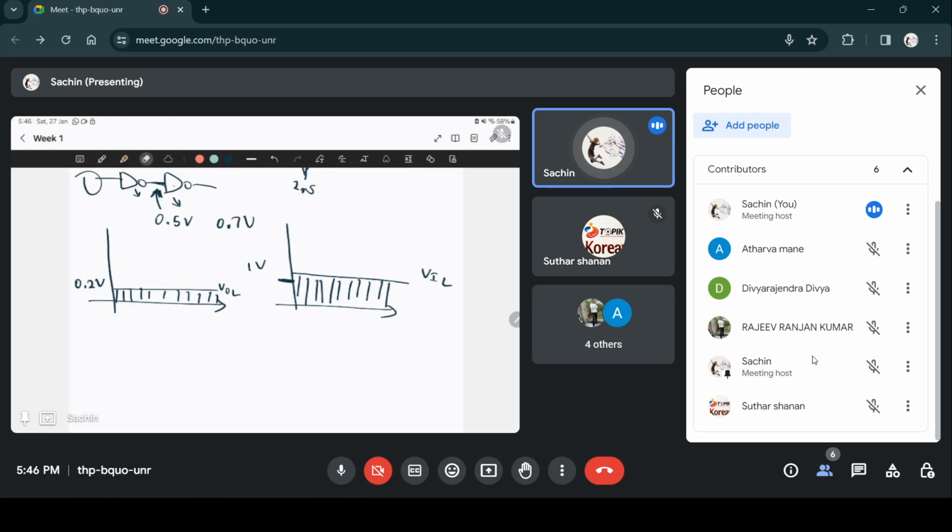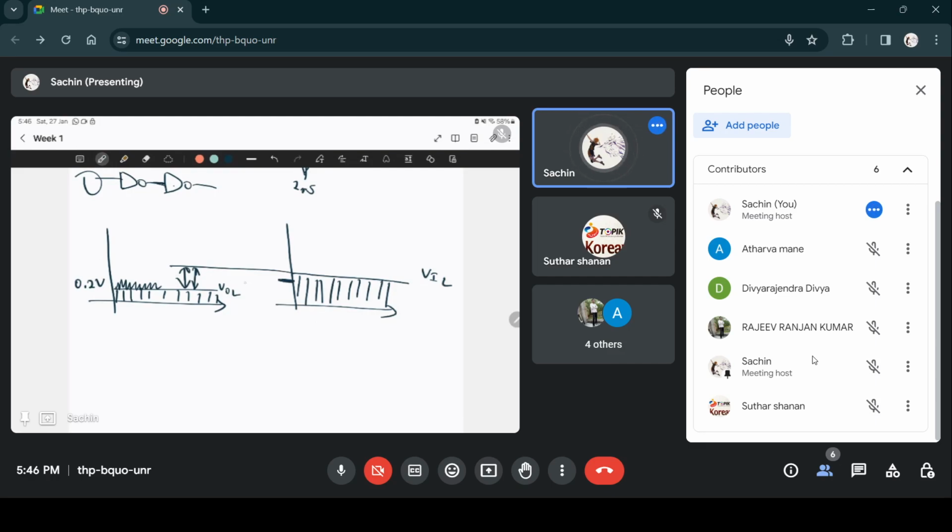So this gives you kind of a margin of error, where instead of giving 0.2 volts as the output, if some noise gets added to this, some random noise, as long as that noise is between this difference level, it is still considered as low by the second gate.